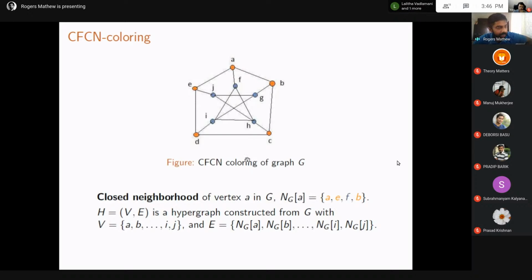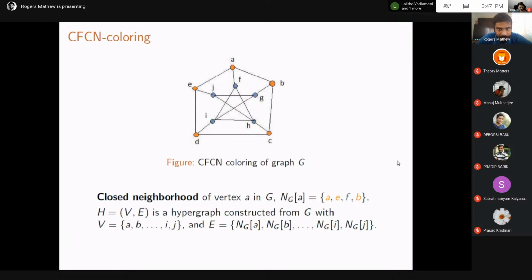If you only want to focus on graphs, it means that for any vertex, in its closed neighborhood, some color should appear exactly once. For vertex A, the color of F, which is blue, appears exactly once in its closed neighborhood. For vertex H, the color of vertex C, which is orange, appears exactly once in its closed neighborhood, because every other neighbor is blue. Here I have given a coloring of this graph using just two colors, and this is a conflict-free closed neighborhood coloring.